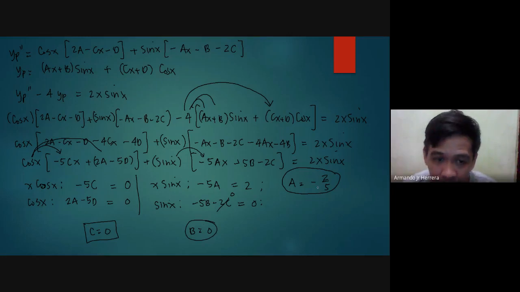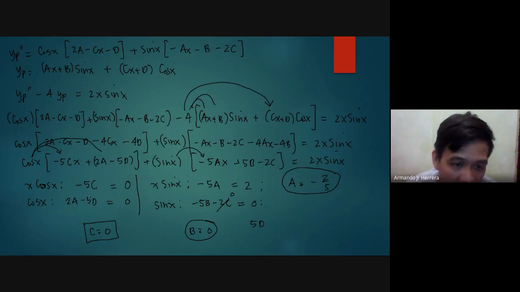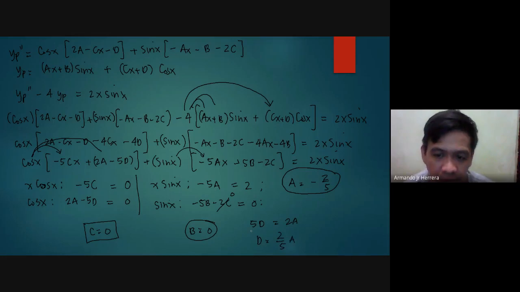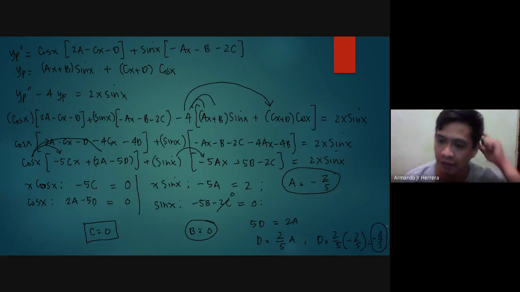If a is negative 2 over 5, substitute here: 5d is equal to 2a. Then d is 2 over 5 of a, when we divide both sides by 5. But a is negative 2 over 5. Then d is 2 over 5 times negative 2 over 5, negative 4 over 25.